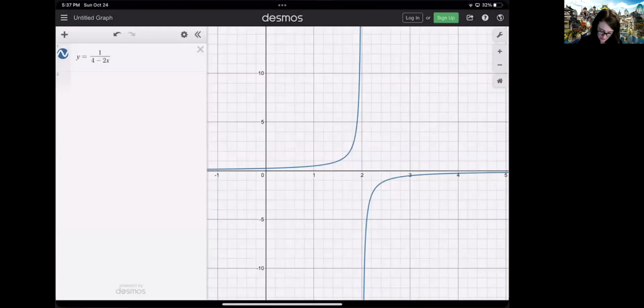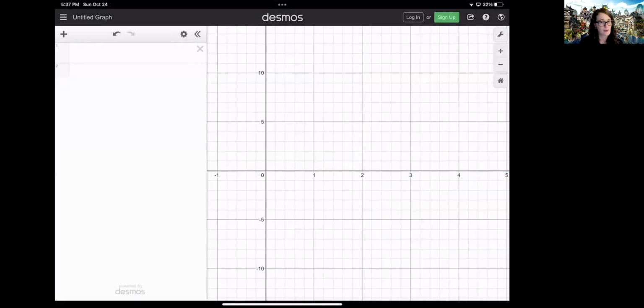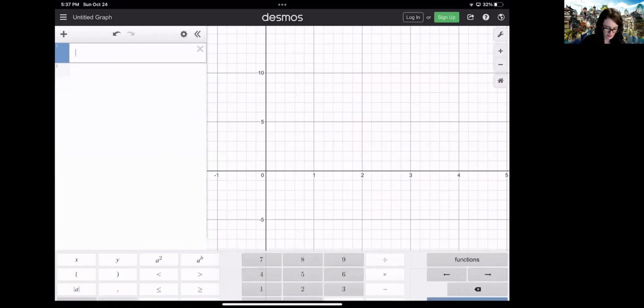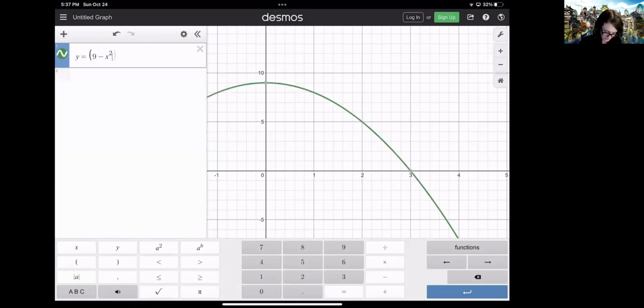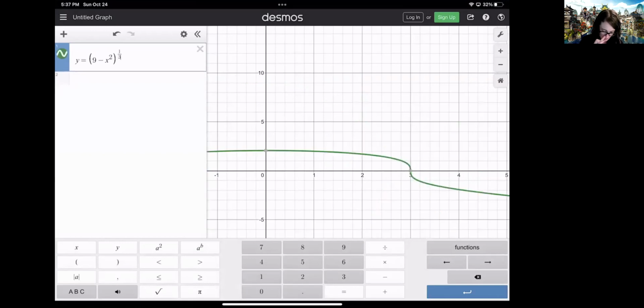So again, take out your graphing calculator or pull up Desmos. It is an app, I believe, but it's also a website. It's free. And we want to do the cube root. I see a square root, but I don't see cube root, so I'm just going to do the 1/3 power. If you put this in your graphing calculator, when you put in the caret to do an exponent, make sure that you put the 1/3 in parentheses, if you don't have one of those calculators that puts it up in the exponent place for you.